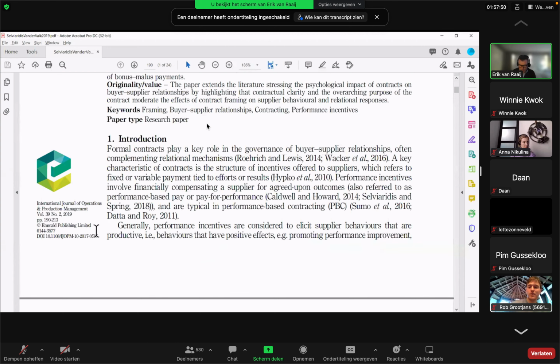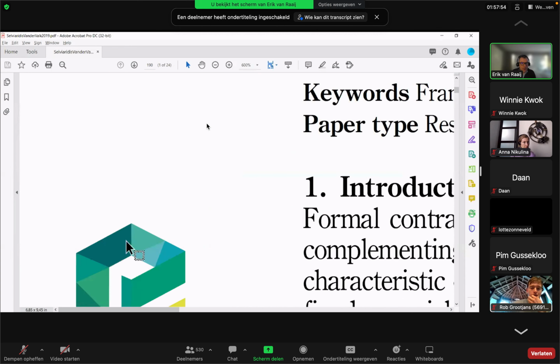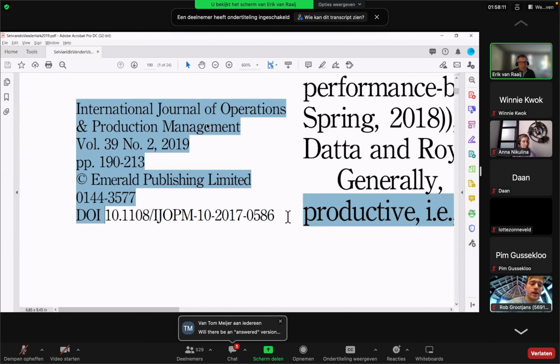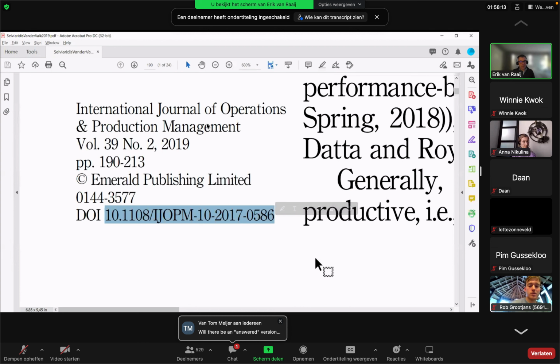I would also like to point out here in the corner, let me enlarge it a bit. Here in the corner, you also see the DOI. Every article nowadays has a digital object identifier, which is a unique set of numbers and letters that can be used to always find this specific article back. So every article out there has a specific DOI.